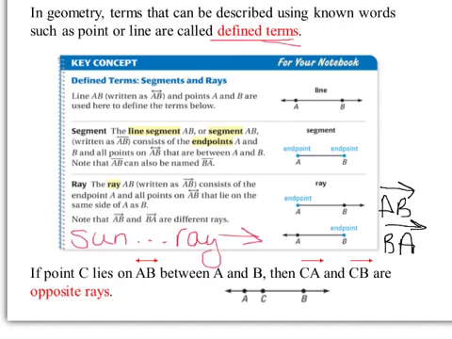Okay, moving on. If a point C lies on line AB between A and B, then ray CA and ray CB are opposite rays because they have the same endpoint and they go in opposite directions.